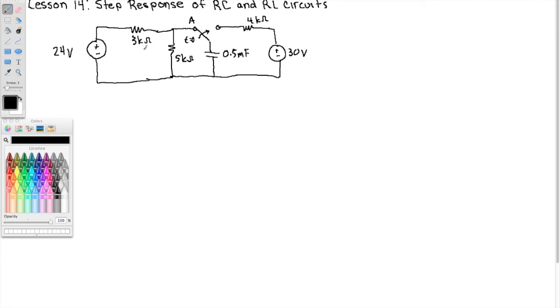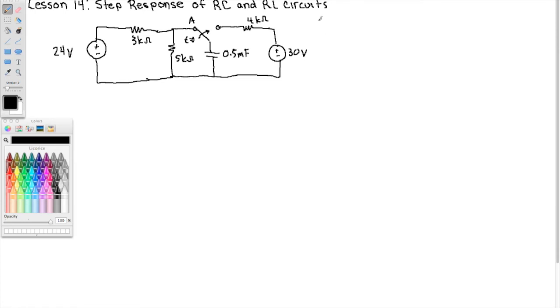So we're essentially switching between now two voltage sources, 24 volts, 30 volts, and we want to find, well, first we'll say that the capacitor is initially uncharged.